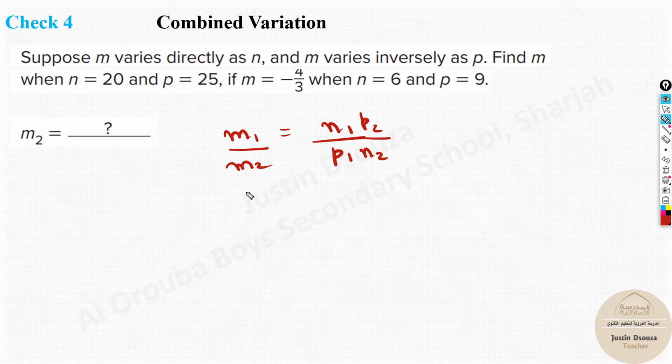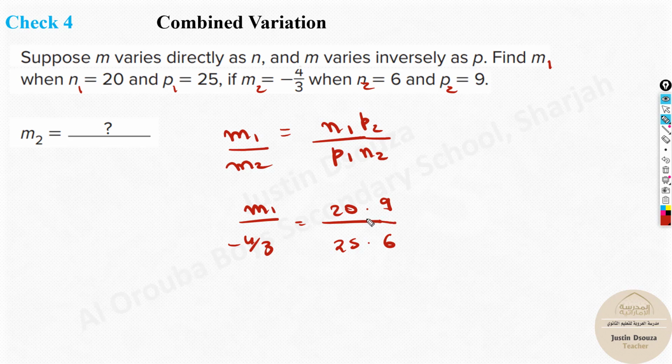Now all you do is substitute. Now they have told find M, like if I consider this as 1, when N1 and P1 are given, then the rest of the values will be 2. So M1 is unknown, so M1 divided by M2 is negative 4 by 3. That must be equal to, what is N1? 20 times P2 is 9 divided by P1 is 25 times 6.